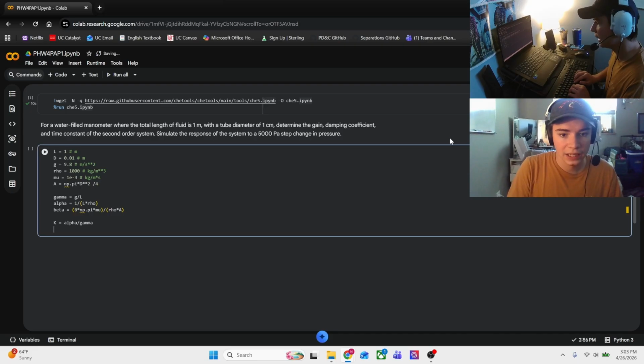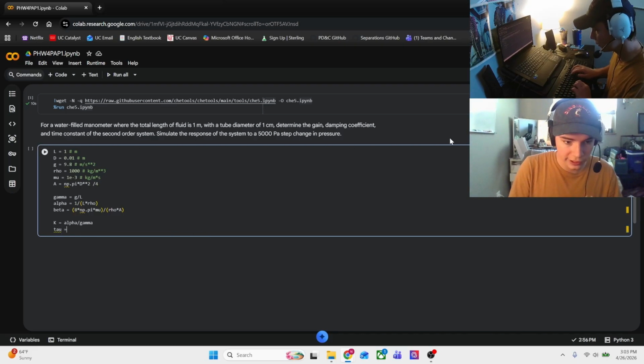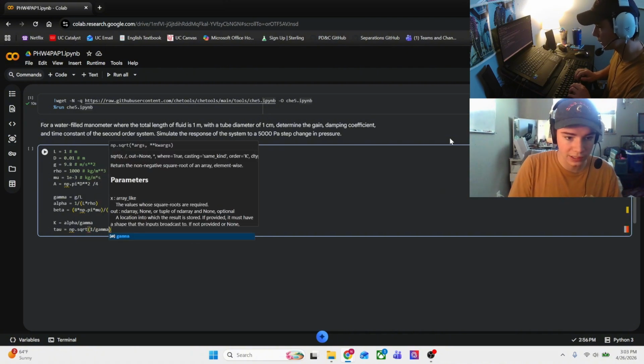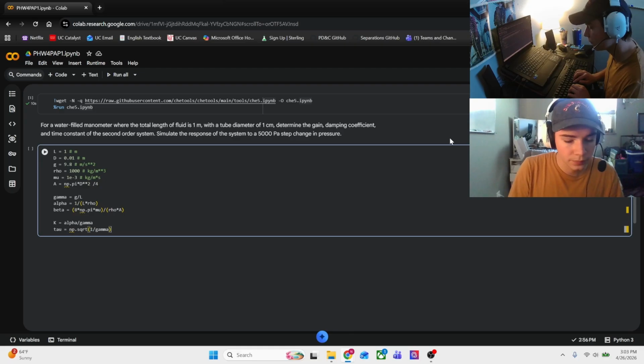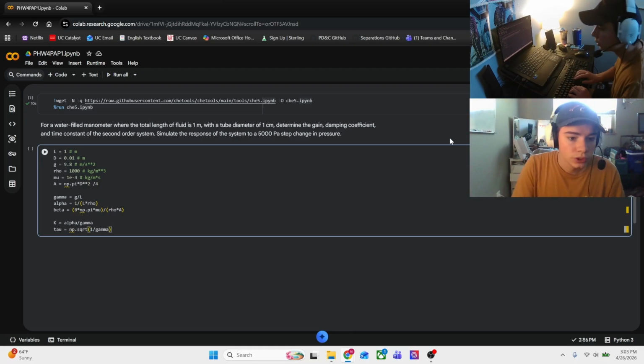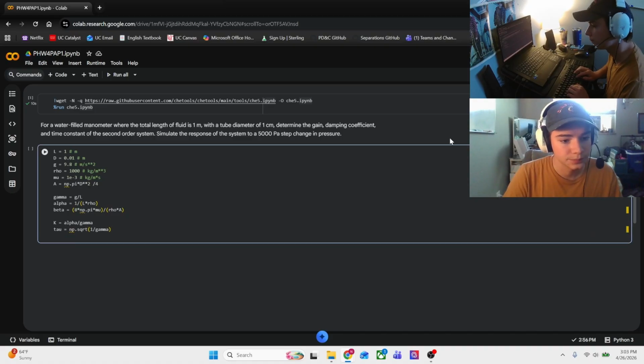Perfect. And then we'll do our tau, which I believe is np dot square root of 1 over our gamma. Look up here. Is that how we define tau? Yep. Fantastic.